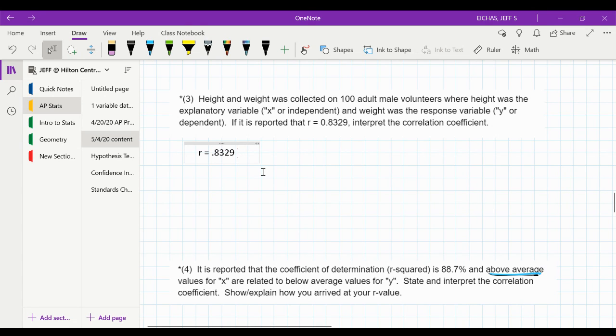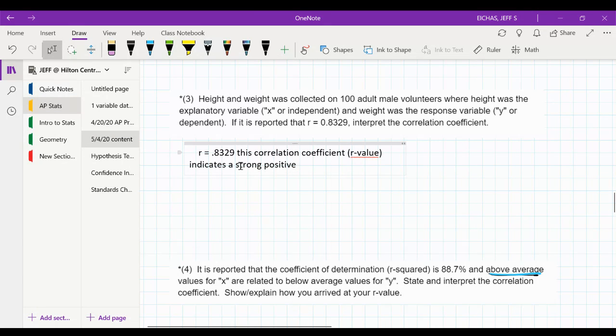Now, as far as correlation coefficient goes, this is a strong positive. This indicates a strong positive linear relationship. It has to be the strength.